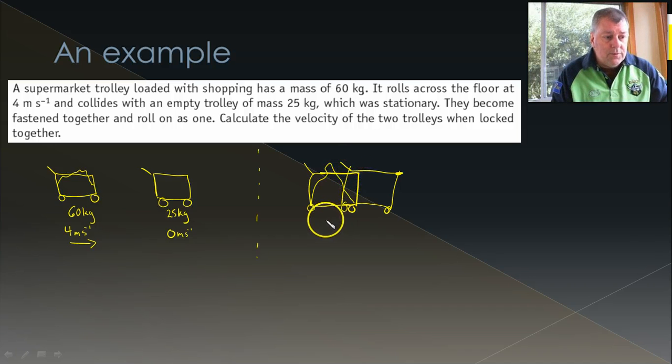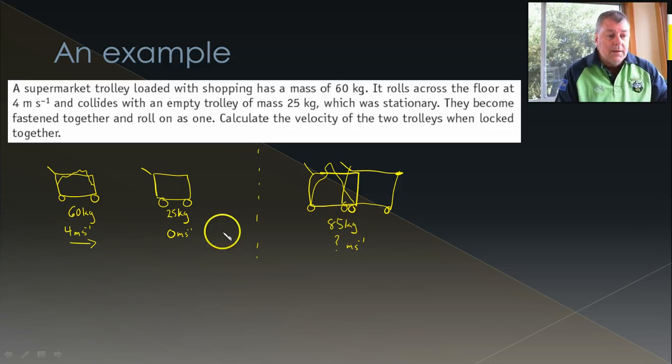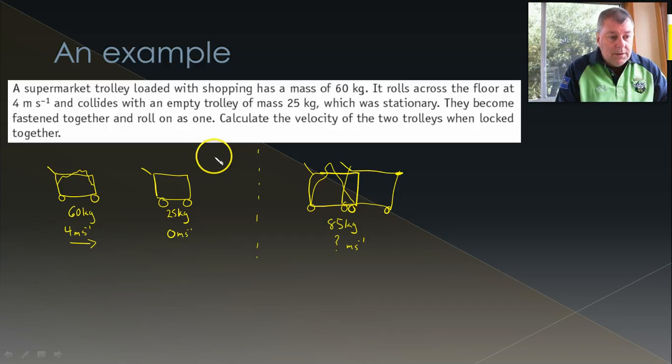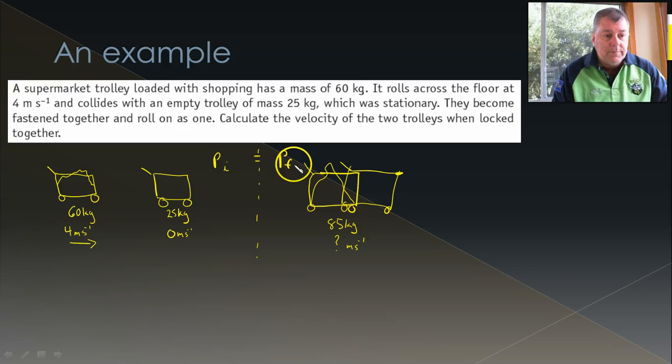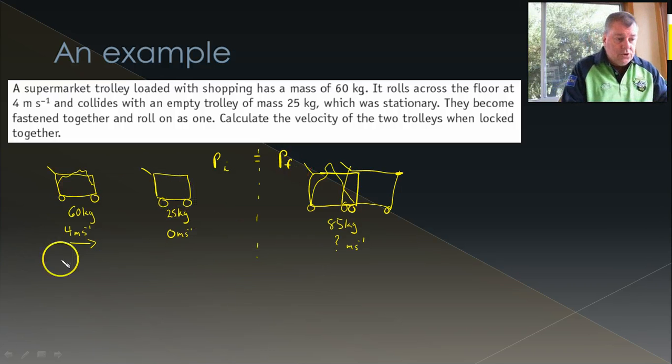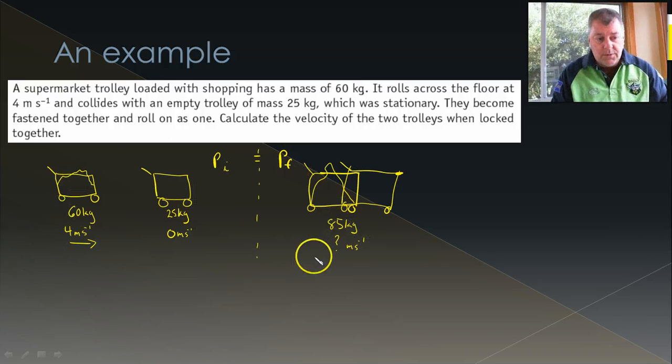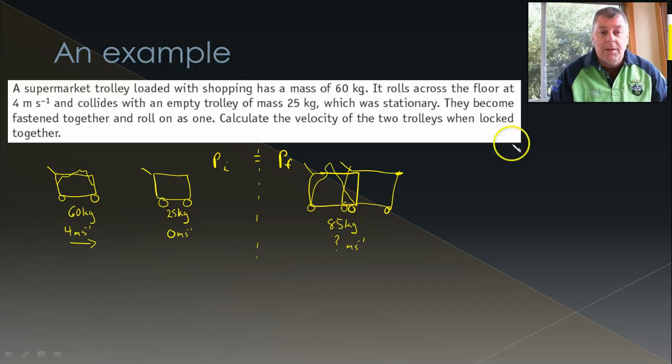Okay, and they're all moving, so now we have a mass of 85 kilograms and we don't know its velocity. But we do know that the P initial must equal the P final. So if we can work out the initial momentum here, we should be able to work out the final momentum here, and of course we know the mass, we should be able to work out the velocity. Alright, let's see how they do it.